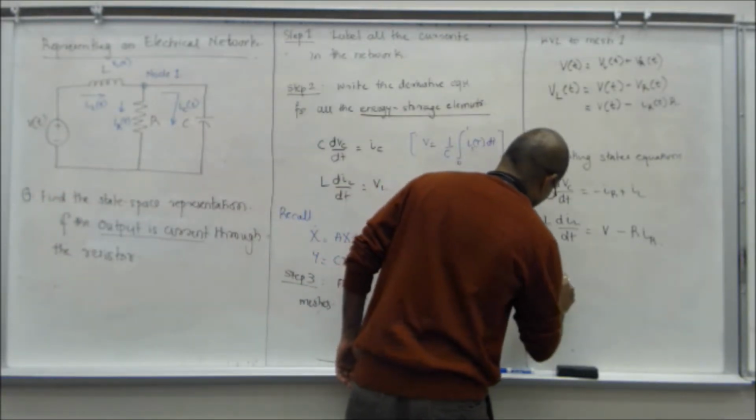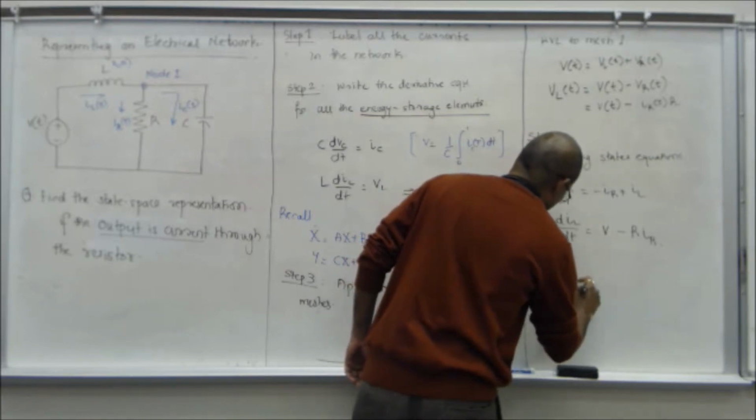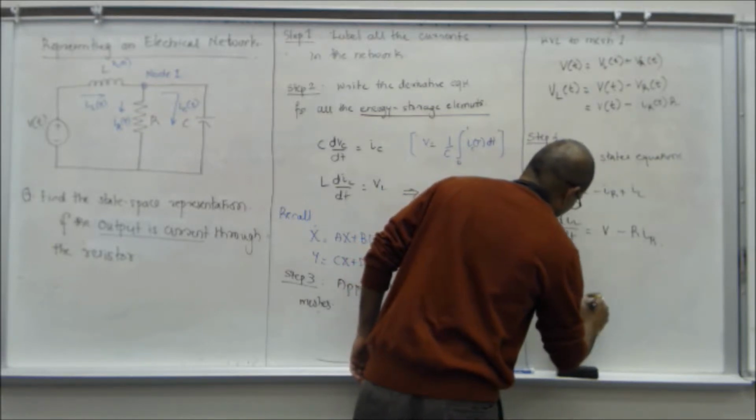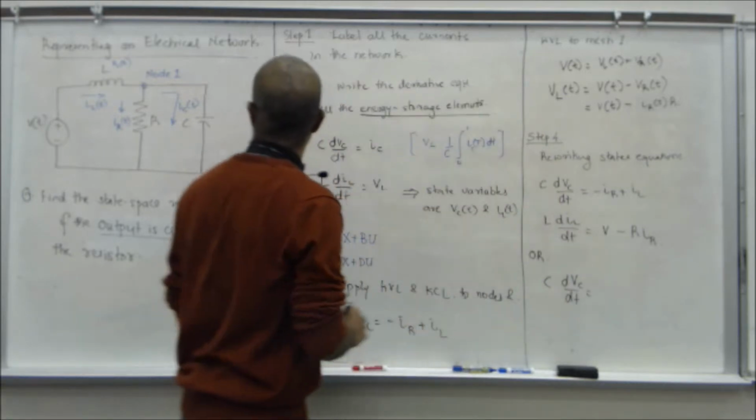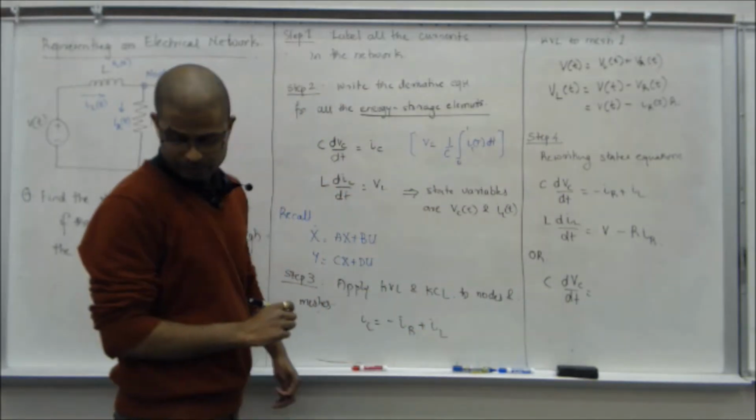Or C dVC over dt is equal to minus IR plus IL. What is IR?